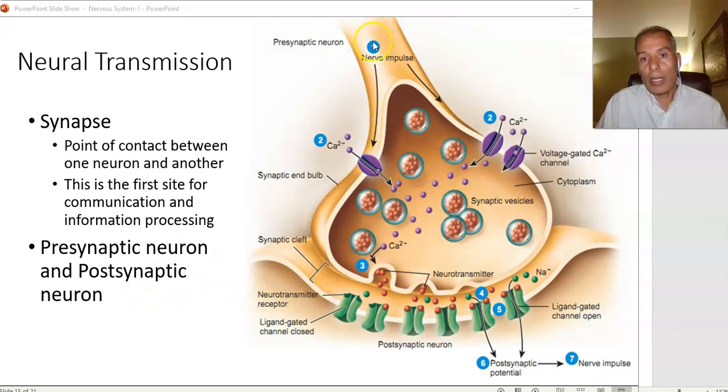So again, the electric firing comes along the axon of a neuron and goes into the synaptic terminal. It causes the vesicles that carry the neurotransmitters to come close to the membrane, or the wall, of the synaptic terminal.